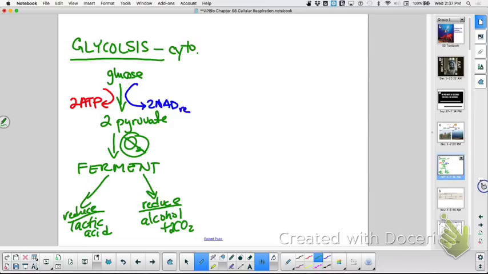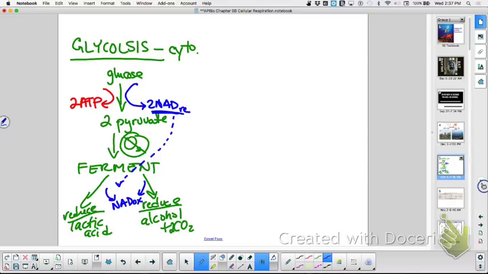But what that does is it takes the NAD that was reduced right here, this NAD, and either way, it's going to make it what? NAD oxidized. That is the only reason you ferment. No other reason to ferment.